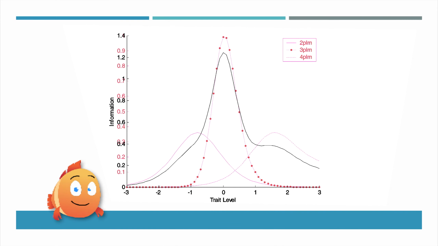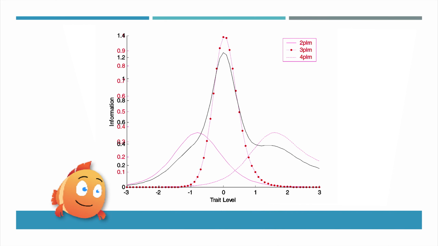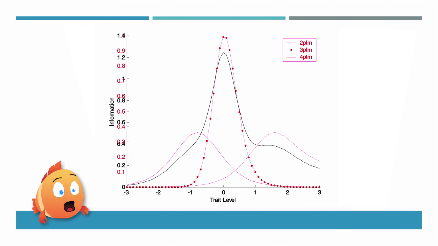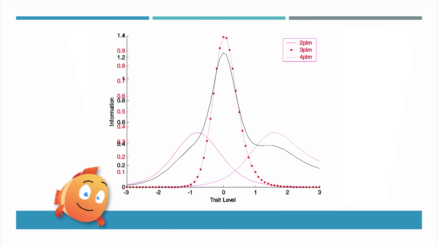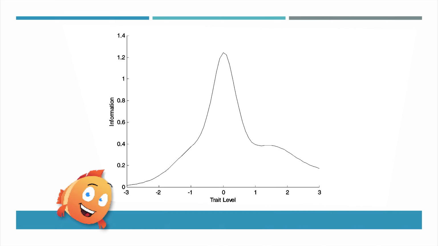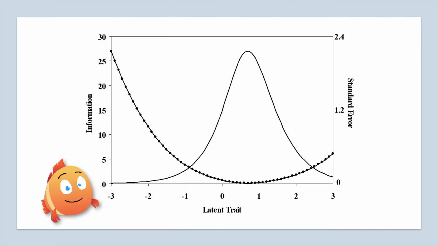So if we were to look back, we can see that the shape is preserved. So the total test with these three questions gives us a ton of information at the middle of the range, some decent information at the higher range, and not a ton of information at the low range. So this test will give us the best, tightest estimates in the middle. But the higher and further away you go, the less confident we are in those estimates.